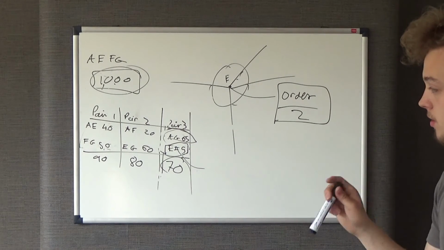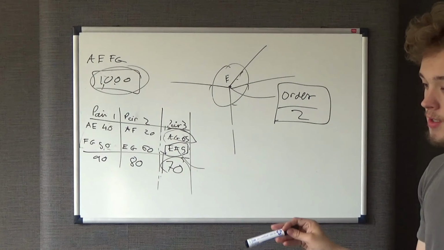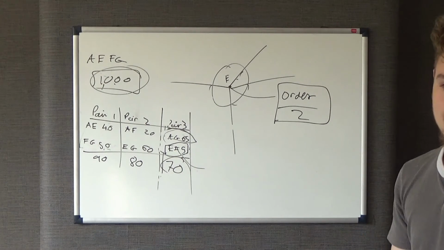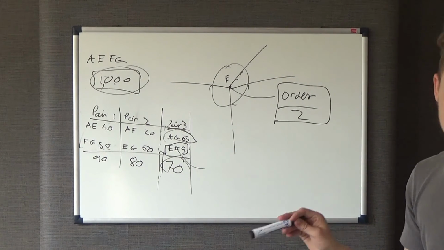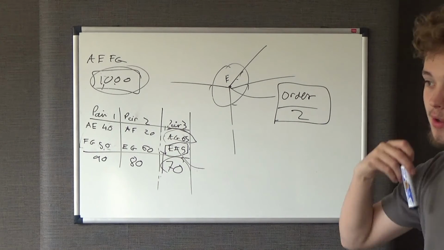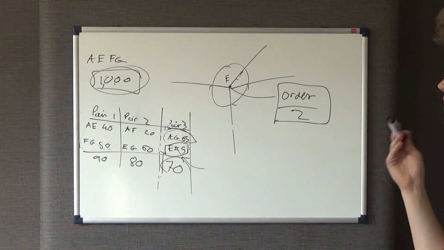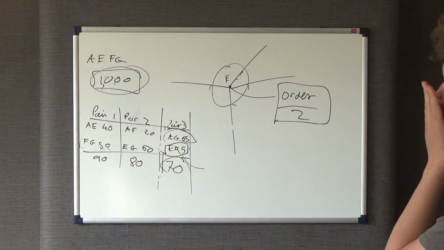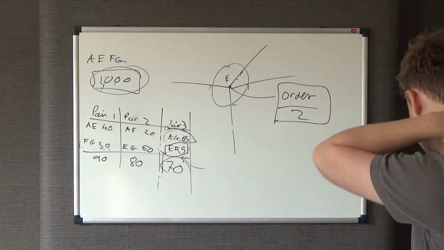Because if you've got two odd nodes in a given graph, you start drawing at one of the odd nodes, you will finish, no matter how you do it, at the other odd node, as long as you don't go back over yourself. So that's the answer to that question.